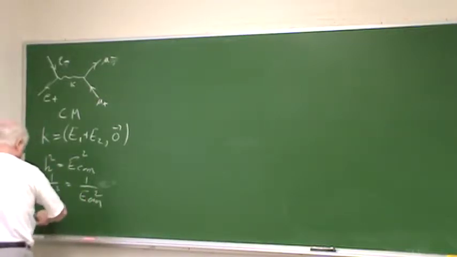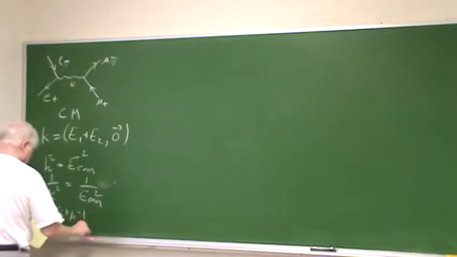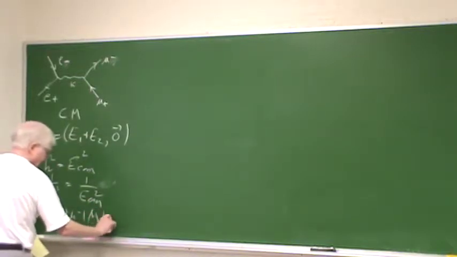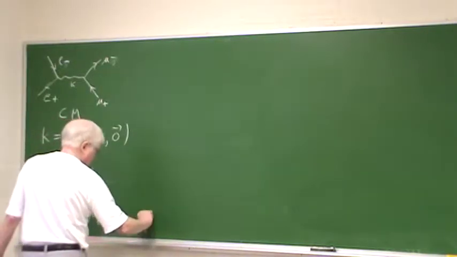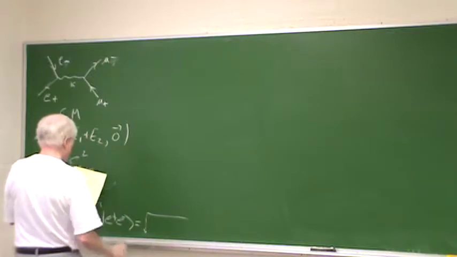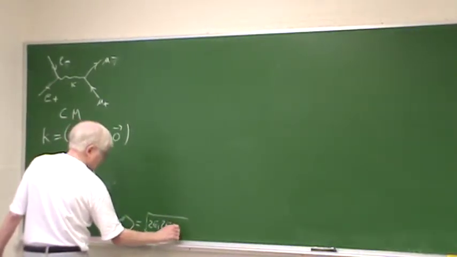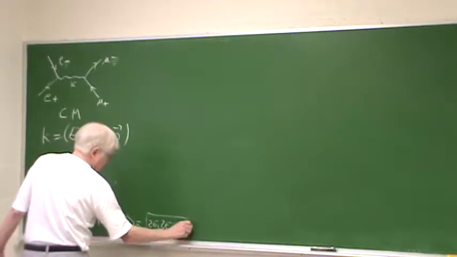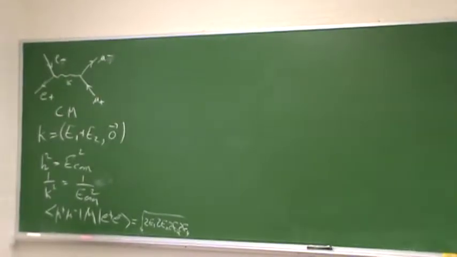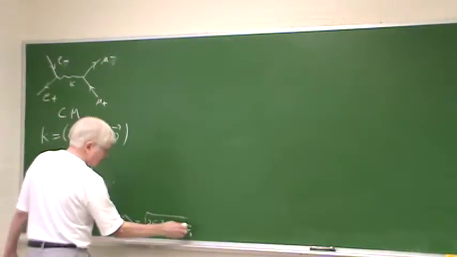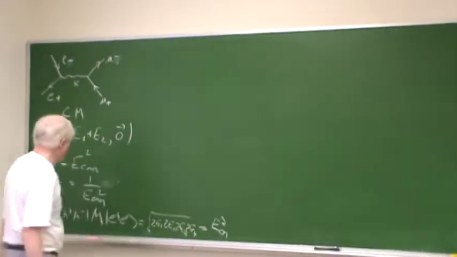On the other hand, the matrix element for mu plus mu minus, E plus E minus, is going to have a square root of 2E1, 2E2, 2E3, 2E4, but each of these is E center of mass, so this is E center of mass squared.